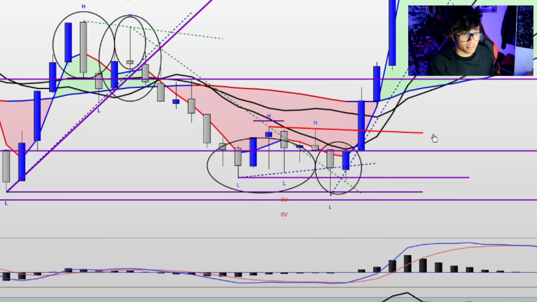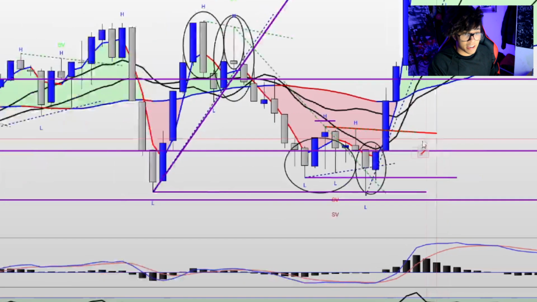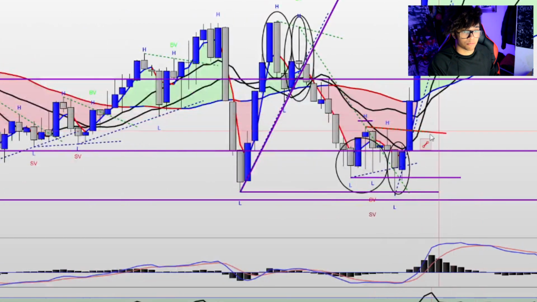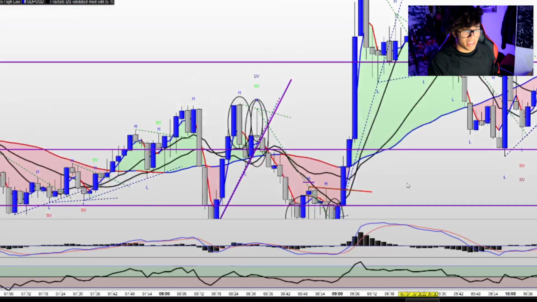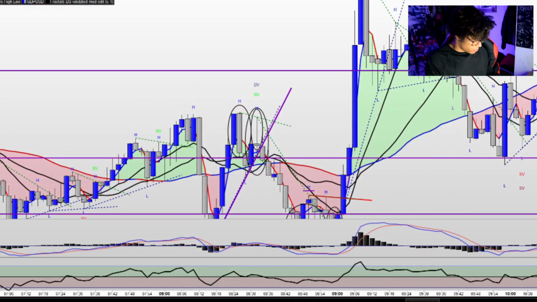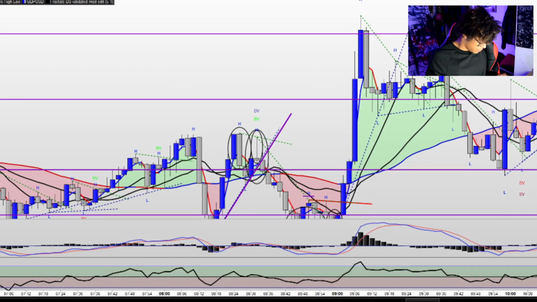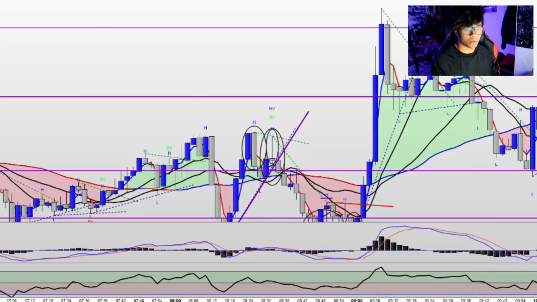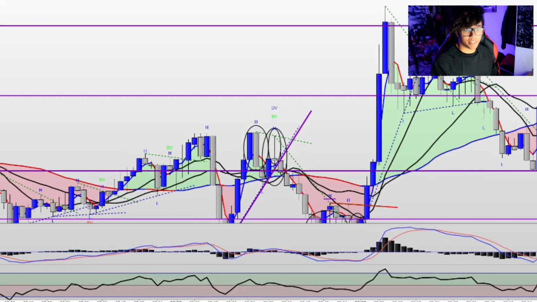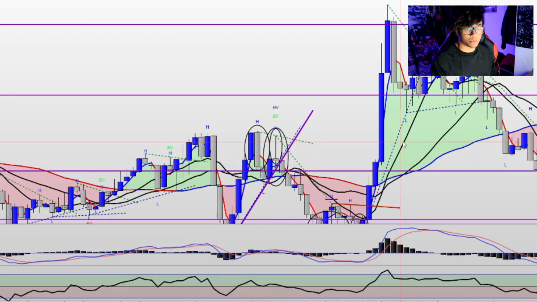Then that does break, and then we have 3 extremely large candles which are close to, I do believe, three advancing soldiers, which are basically continuation candles.